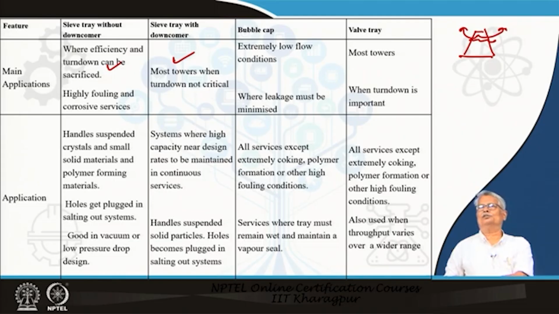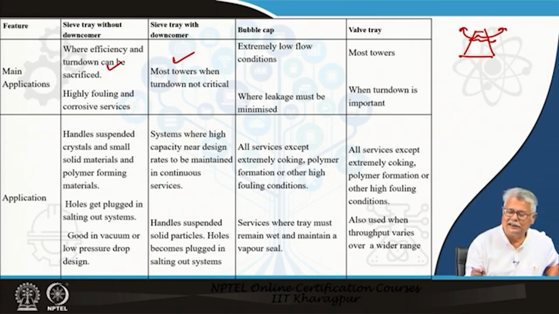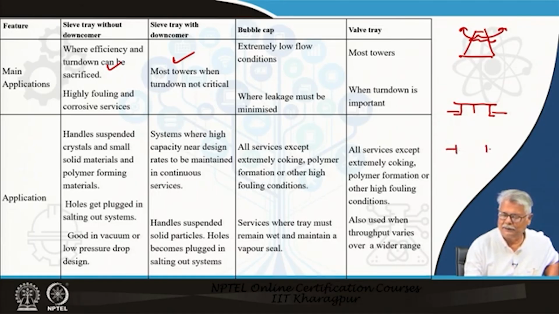Obviously, the valve tray should not also be used for extremely coking and polymer forming systems, and it is also used when you have a large variation in the vapor throughput, because what you will find here in this case of valve tray also, the valve tray maximum lift is in this position. If it is having a lower vapor rate, the lift is less.